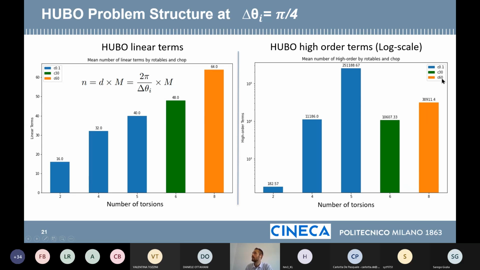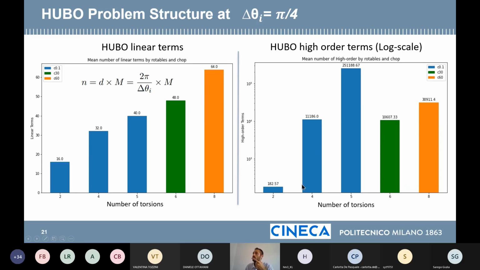This is the same thing, but for the number of high order terms. When the problem has only 2 rotatable bonds, so 2 torsions, there are 16 linear terms, which means 16 variables, but 182 high order terms, so terms like x1 x2 x3, or x1 x2, each one with a given coefficient in front.